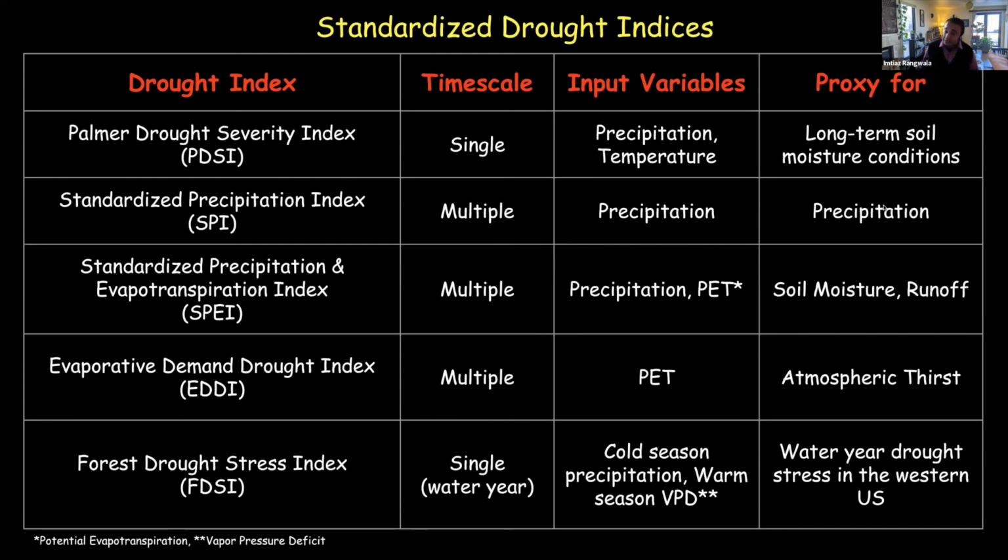SPI is just the supply side of the water balance. SPEI does both supply and demand, so it gets you to soil moisture and runoff. EDDI is just looking at atmospheric thirst. And FDSI is only appropriate for Western forests because it works with cold season precipitation and warm season dryness, so I wouldn't recommend applying it to, for example, the Central Plains. It's good to know what they are appropriate for.